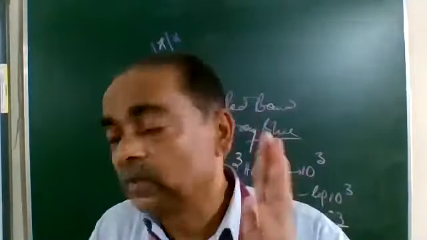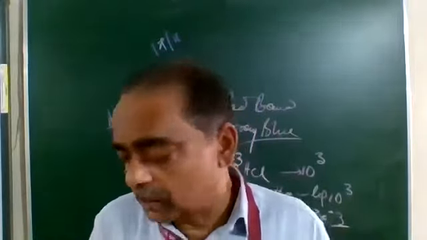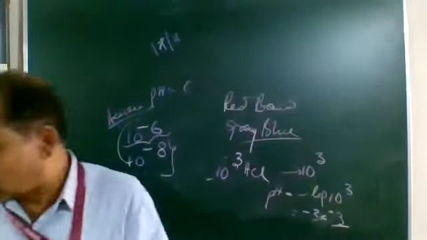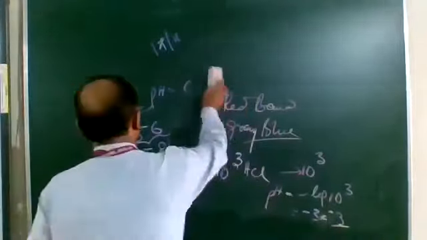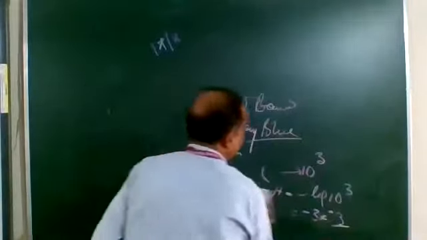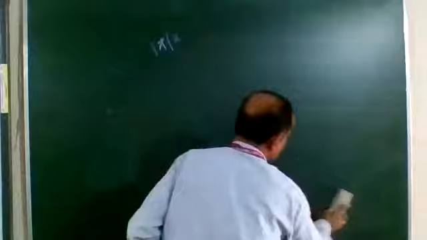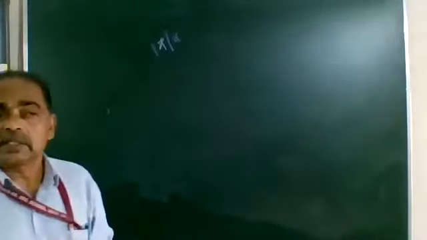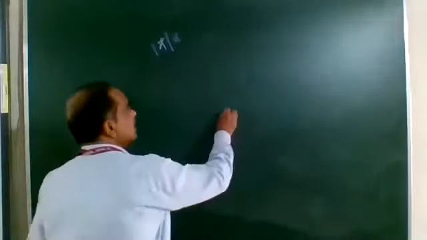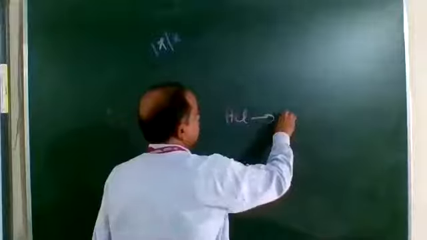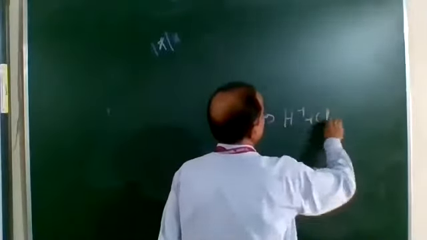Clear? The next one. Strong acids and weak acids. Normally we say inorganic acids are strong. HCl, HNO3, H2SO4 are strong acids. And in chemistry, what is a strong acid? When HCl is put into water, it is dissociated into H plus and Cl minus.